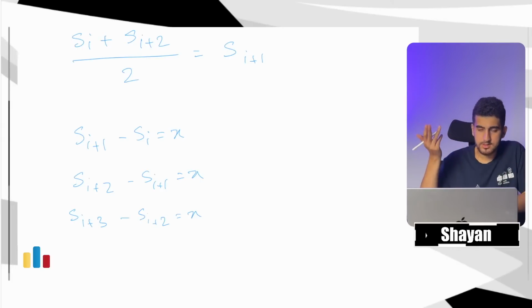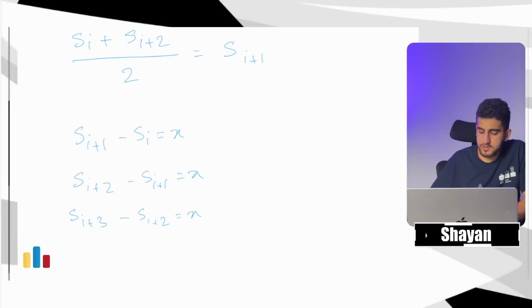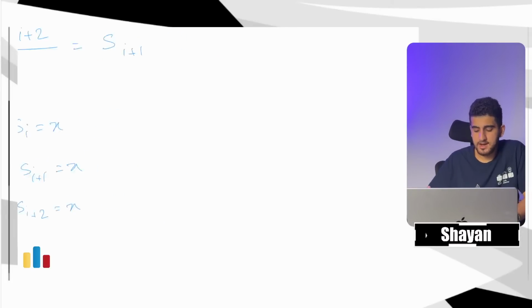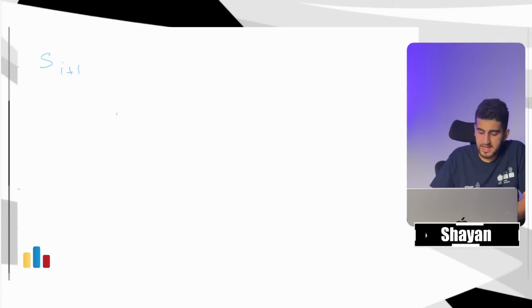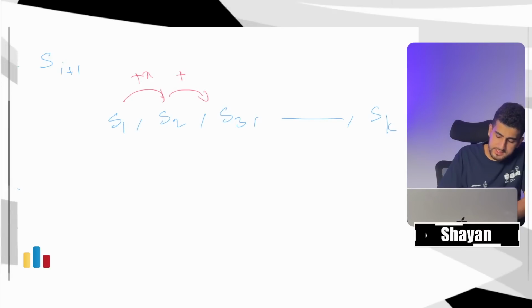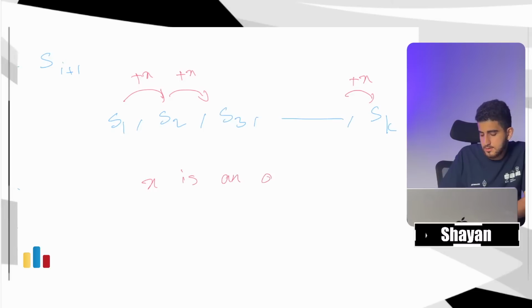And so on. So the point is that the equilibrium, the stable points, when we have some set and we cannot add anything further to it, in these points the difference between each two consecutive numbers is some X, and X is an odd number.